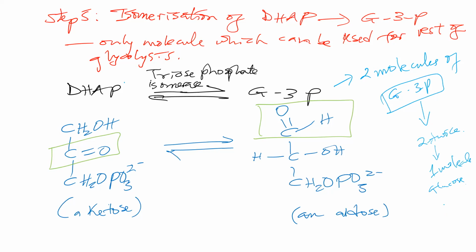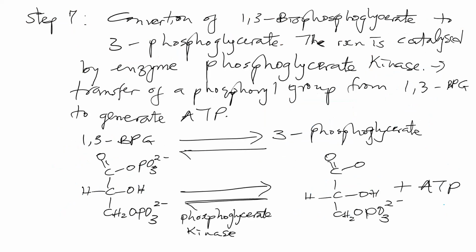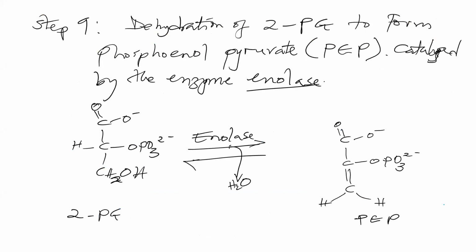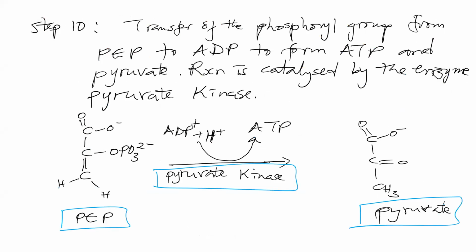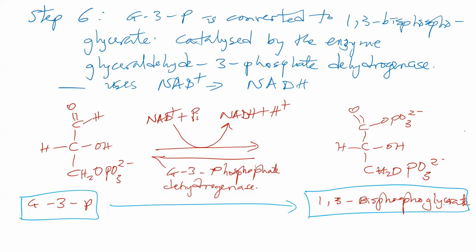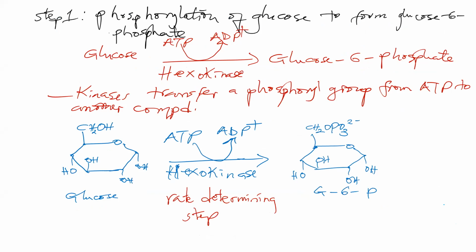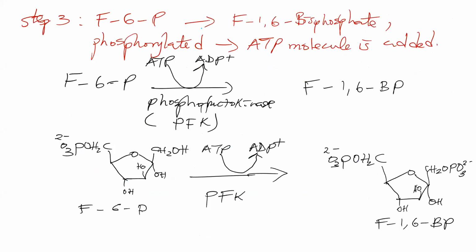What this means is that since we are producing ATP, the first ATP that we have produced in this reaction is in step number 7. So step number 7 will run twice, meaning that we are producing 2 ATPs. And also step number 10 will run twice, meaning that we would have produced 2 more ATPs. So in terms of energetics, we have invested 2 ATPs in the investment stage, step number 1, where we added ATP, and step number 3, where we added ATP.